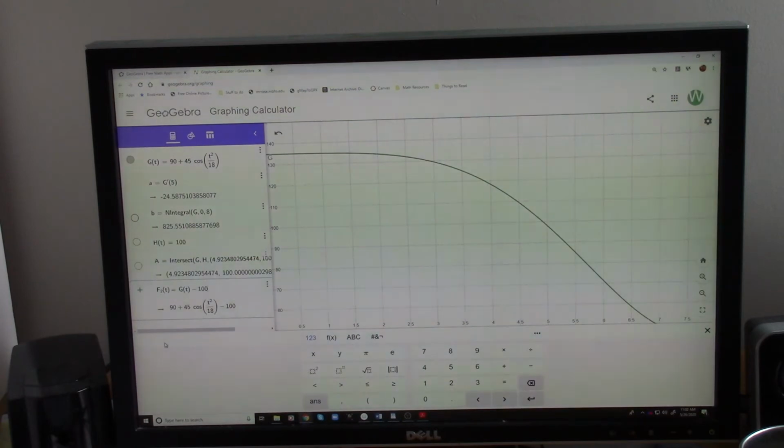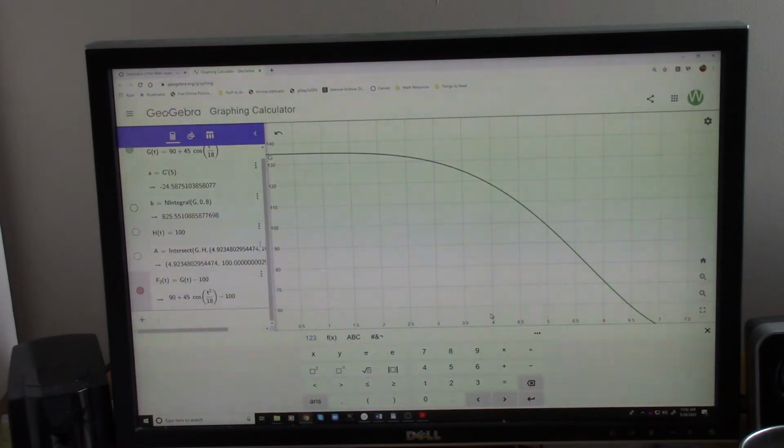Why didn't that work? f2 equals g minus 100, enter. And now somehow that didn't work. Maybe it didn't like this f2 somehow. Why would that be?